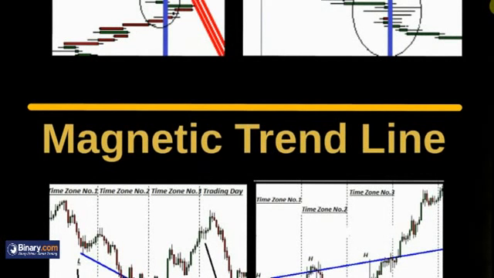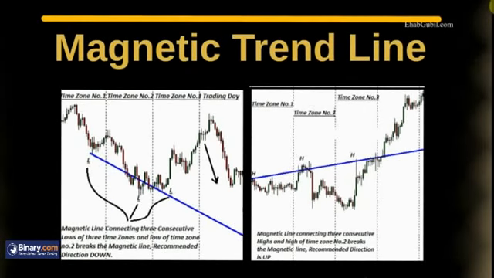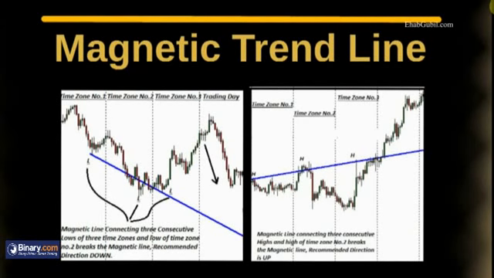And now my last tool, the magnetic trend lines. Did you notice I said at the beginning of this webinar that our pitchfork system depends on 3 time zones, but all we used were only 2 zones, 2 and 3. Now we're going to use time zone number 1 to draw a magnetic line.